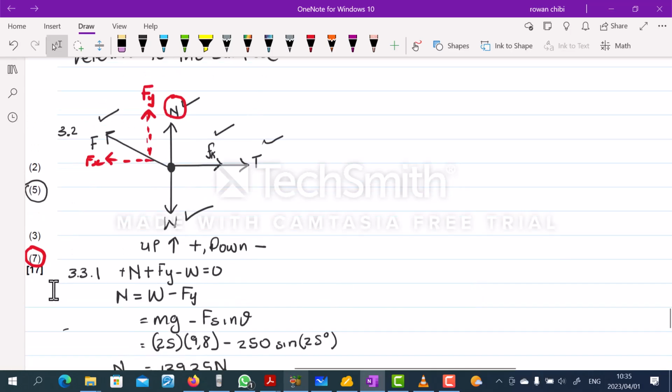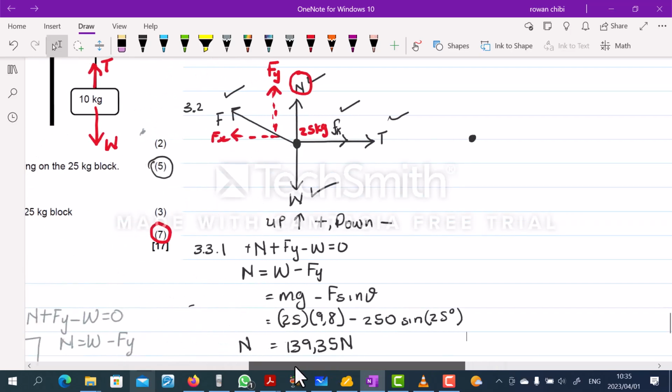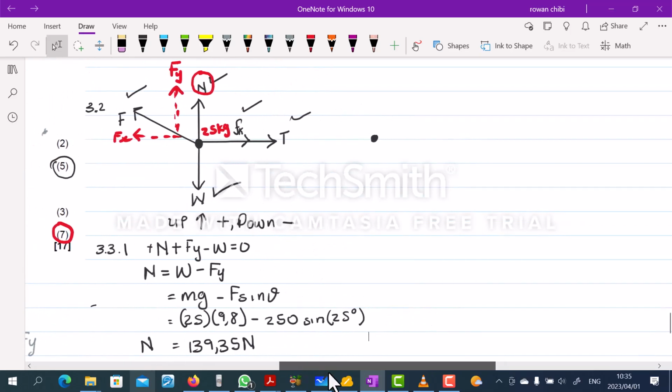We have this is your 25 kg block. So let me quickly draw the free body diagram of the other block. I think the other block is like 10 kg. Yeah, it's 10 kg.